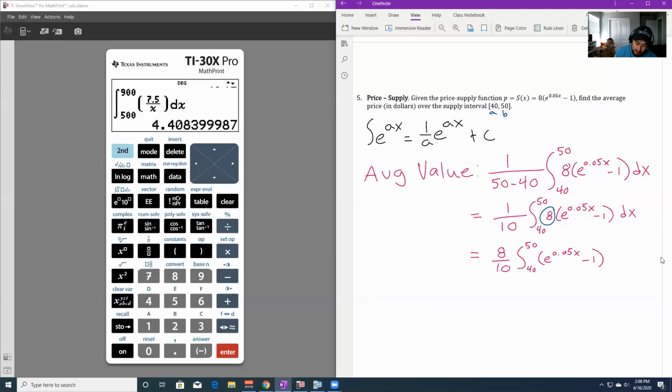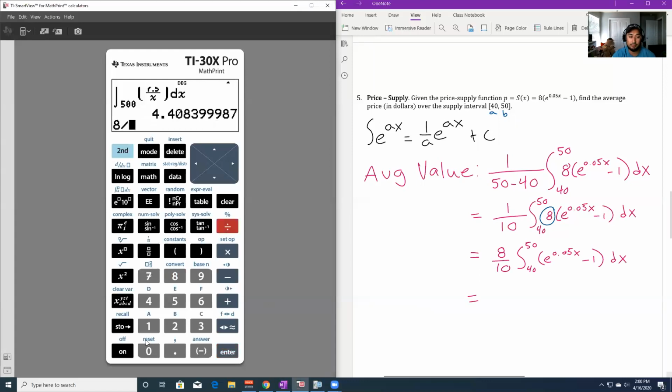Okay, we are now ready for the antiderivative. Well, first of all, 8/10 becomes what? 0.8, right? 8/10 becomes 0.8, so we'll make this 0.8 times, and now we are going to use that new special integral formula on e to the 0.05x.